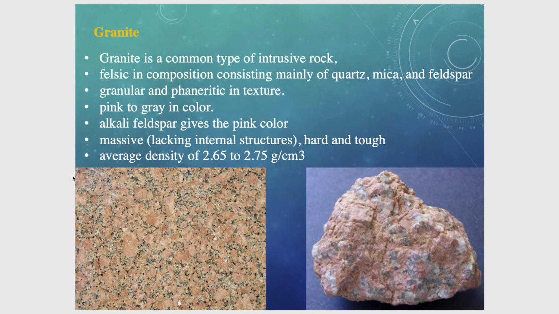Here is another example with even more K-feldspar. So granite usually has this characteristic of having quite a bit of K-feldspar and also quite a bit of quartz. You can see the quartz here because it's glassy in appearance.